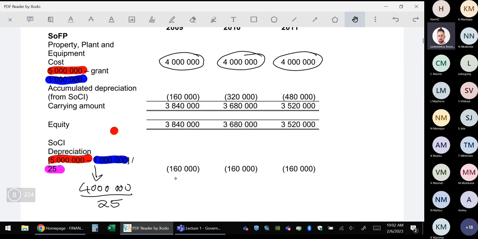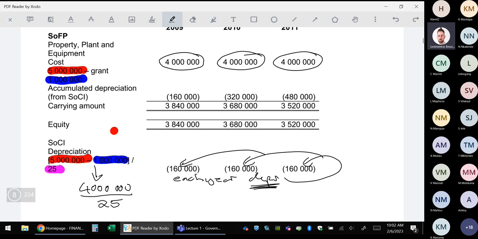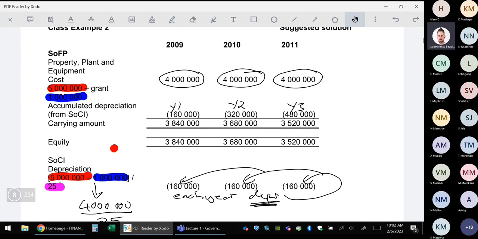So each year, the depreciation is now 160,000. So year 1 is 160, year 2 is 320 because it's 160 times 2, and year 3 is 160 times 3.